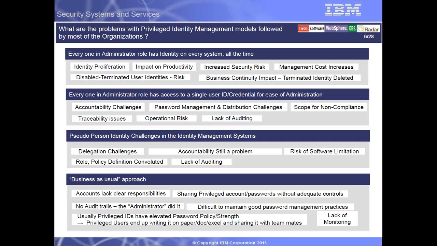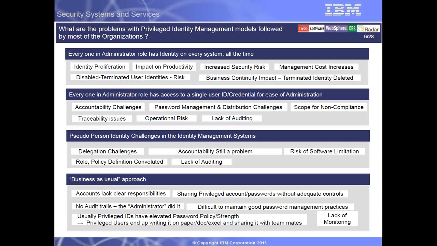Accountability is a problem because you have all these IDs tagged to one person object. Delegation becomes a challenge. Accountability is still a problem. You have a risk of software limitations because you have thousands and thousands of IDs being tagged to one person. So the software has a limitation there. So you'll have issues with the software also.